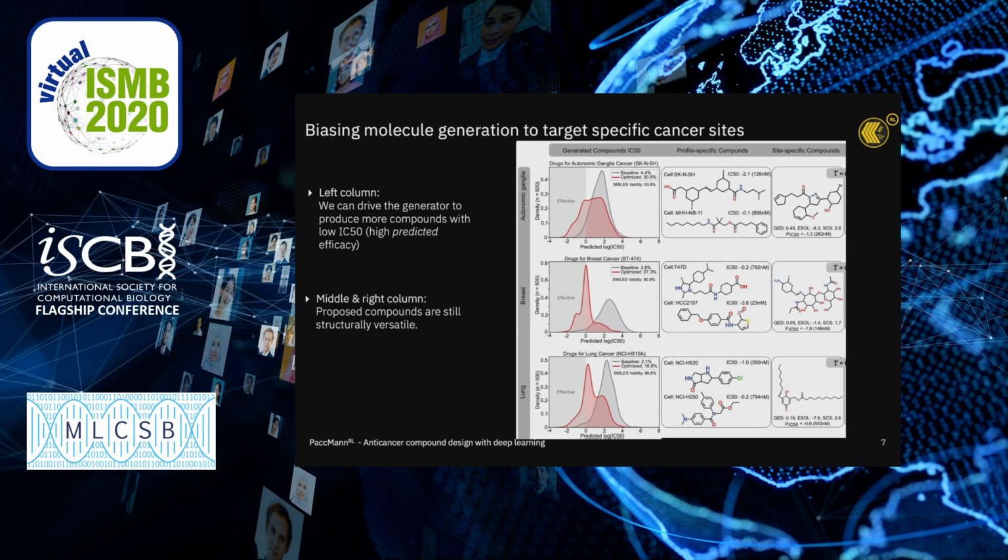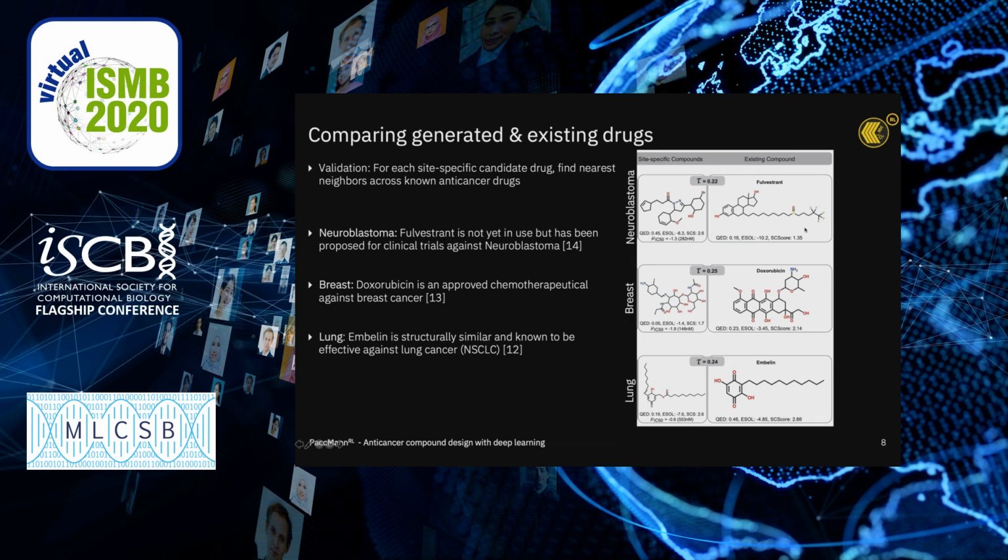So let's have a closer look into how these molecules look like. We have here a bunch of those structures depicted, and we did a comparison analysis to molecules that are known cancer drugs from GDSC or CCLE, those cancer drug sensitivity databases.